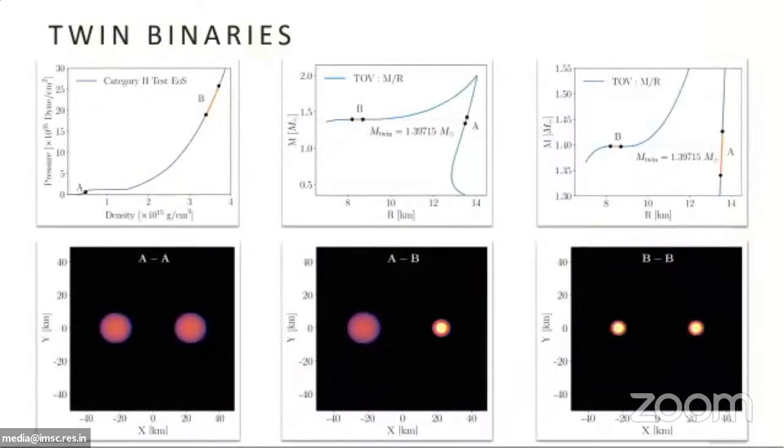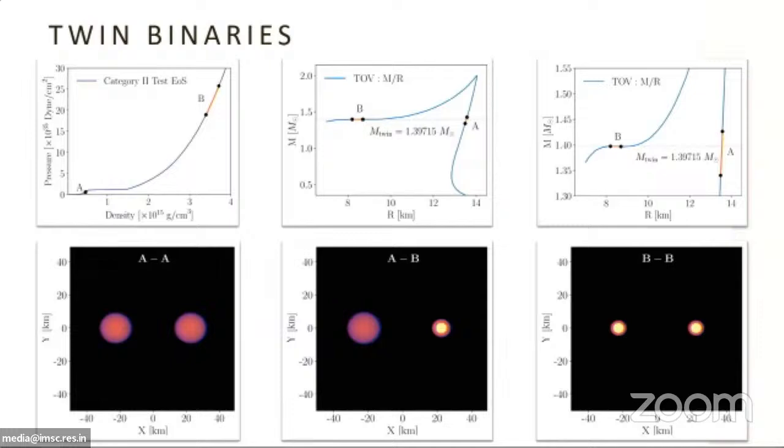Let us take another, more extreme case, category 1, where the difference in the radius between the twins is quite huge. So if I now merge, I am either exploring this part or that part. Let us say I am exploring this part, only taking these two stars and merging. So this is the case. However, if one star of the merger belongs to this part, and the other belongs to that star, we have a very different case.